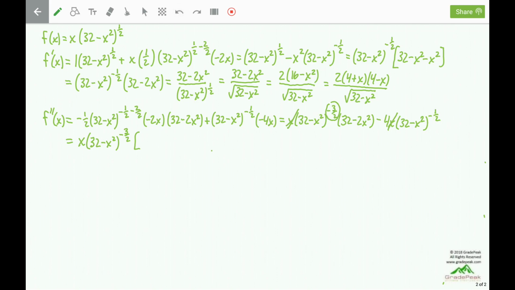There's what will be left after factoring. So we have a 32 minus 2x squared. And we have a negative 4 and a 32 minus x squared to the first power.